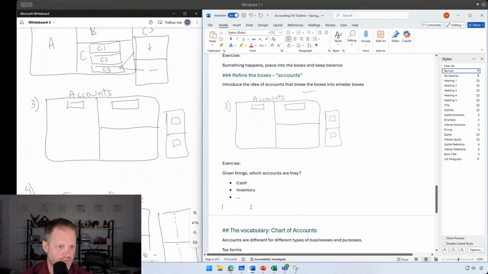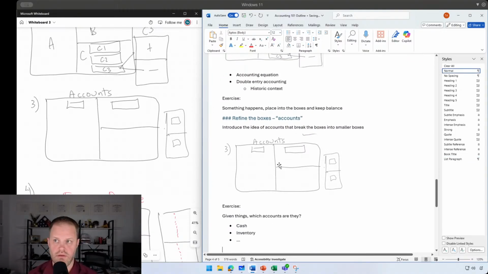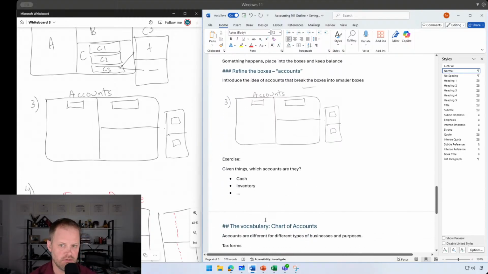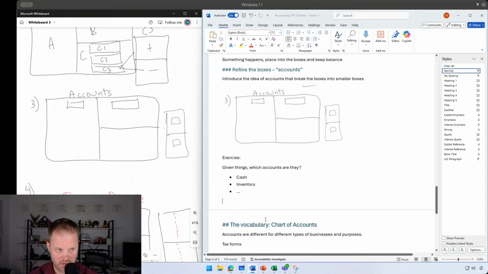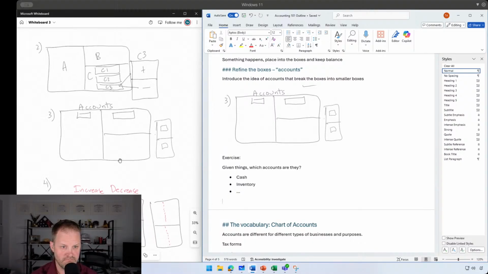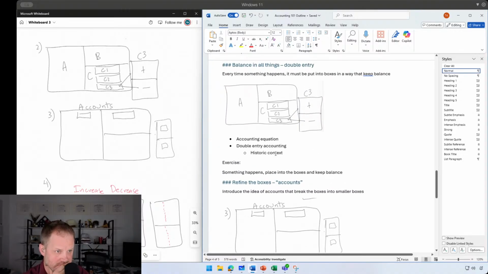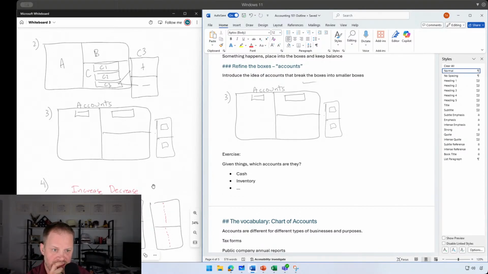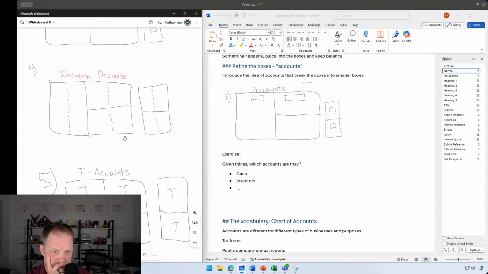So we introduced the idea of accounts, then given the things, put them in the accounts. Okay, now where we're going with this is arriving at T accounts.